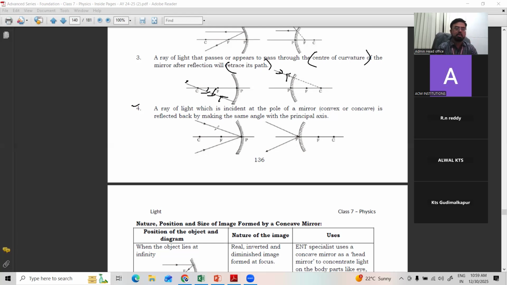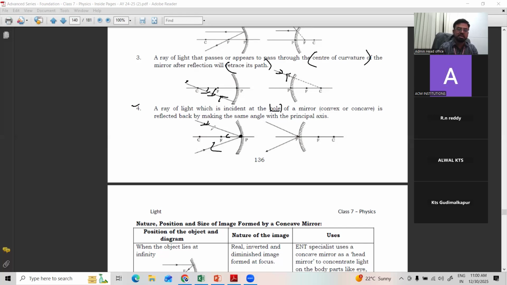Fourth one. A ray of light which is incident at the pole of the mirror, convex or concave, is reflected back by making the same angle with the principal axis. See, suppose we are sending it incident like this at the pole. So see, it is coming like this.